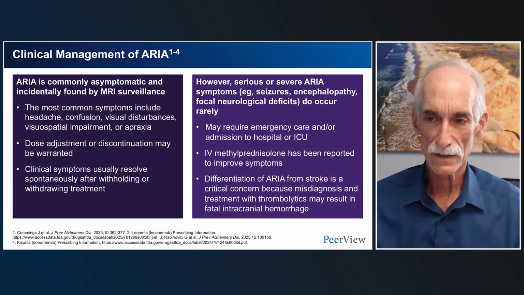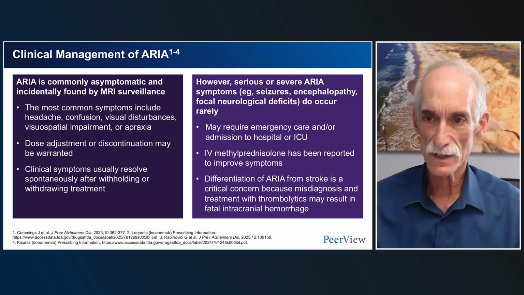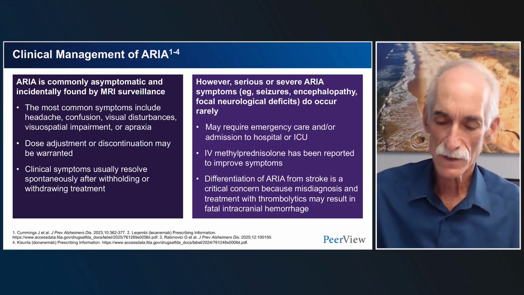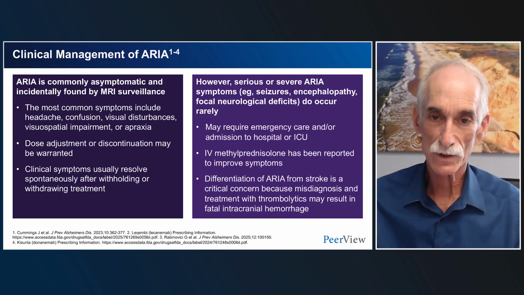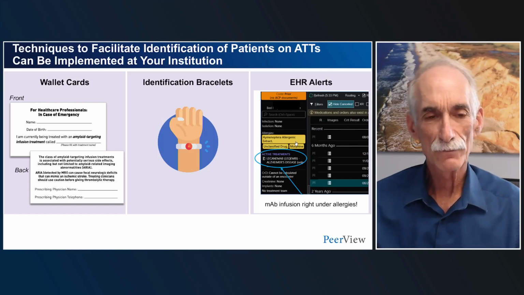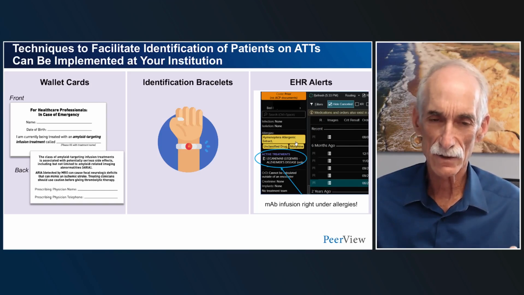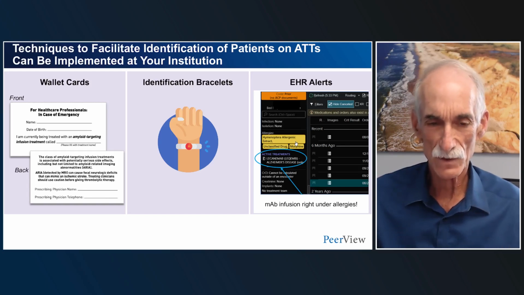ARIA can present, again, not very often, but occasionally, with focal signs and symptoms that mimic a stroke. And so you need a plan in place to make sure that the patient gets the appropriate treatment in that circumstance. Things that can help are having a patient ID card or identification bracelet that they can carry with them, or the family member can carry with them in case they have to go to the emergency room.